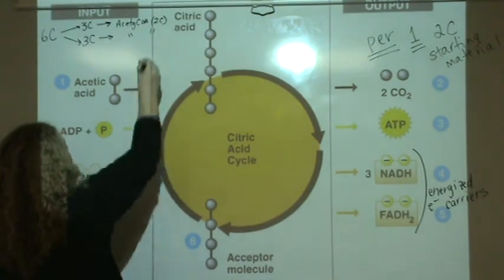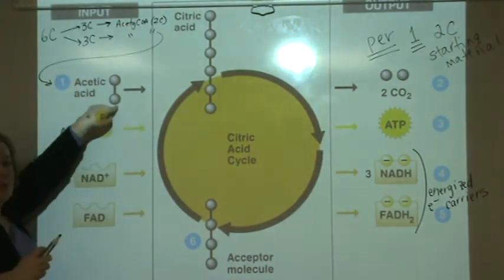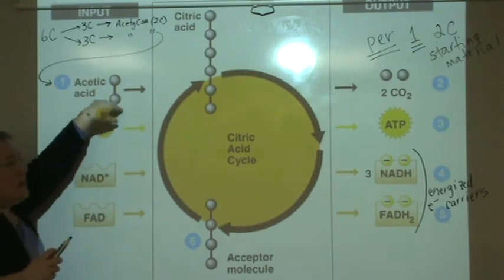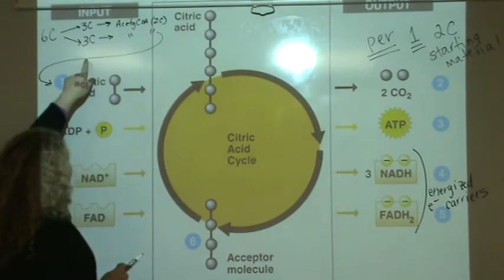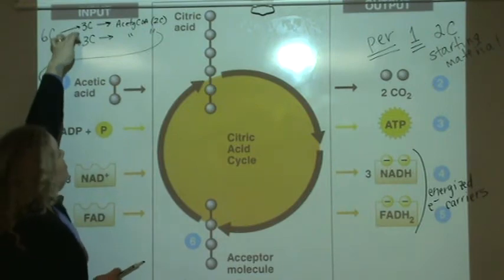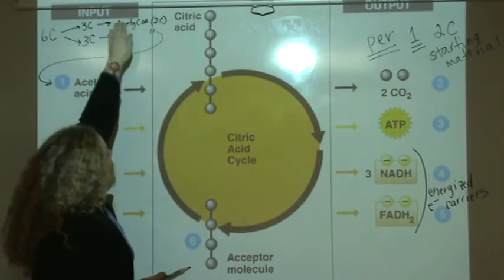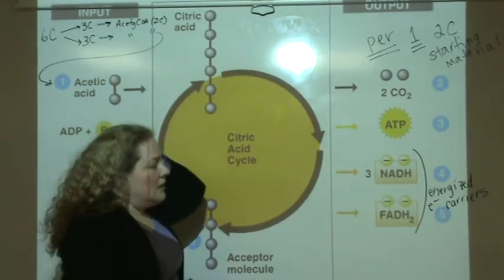Same here. And then each one of those gets converted to an acetic acid. So this output is only measuring half of what we originally started with. So we had 1 glucose, it's split into 2. Each half then ends up participating in this cycle.